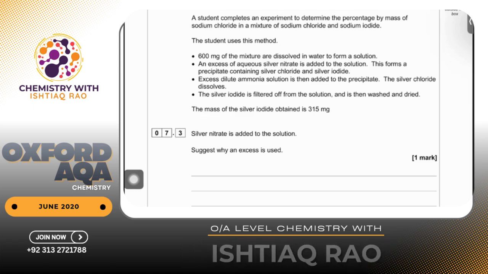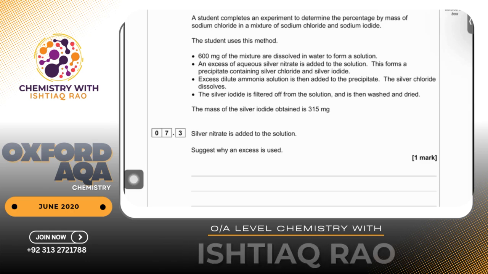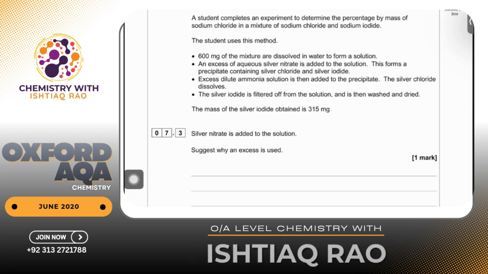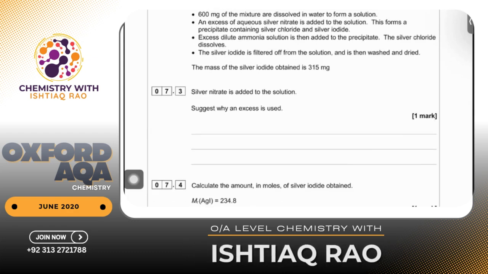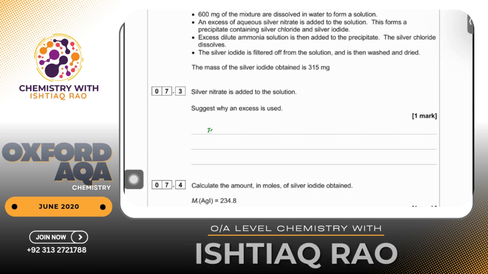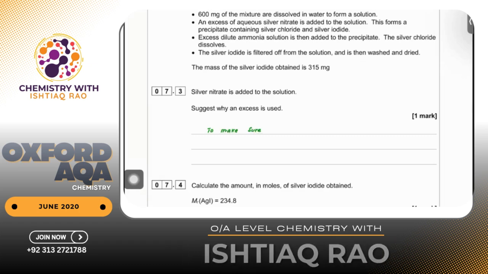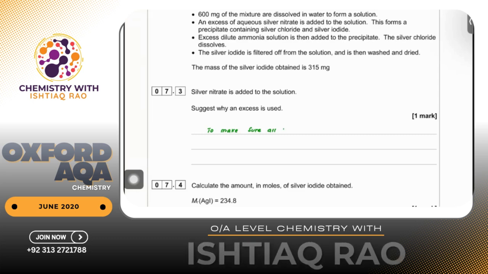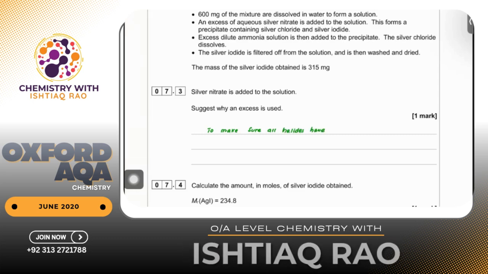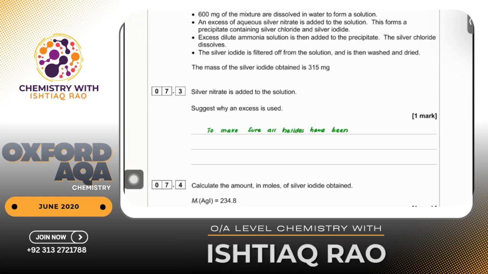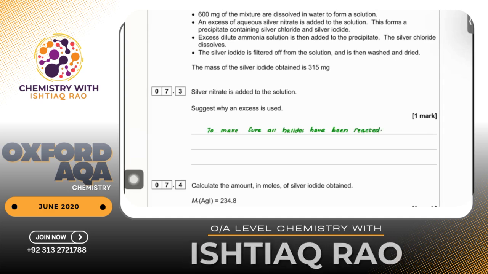Nothing is left. If some is left, we will think that the precipitates are formed, but it would be the remaining amount of the halide ions. So to make sure all the halides have been reacted.